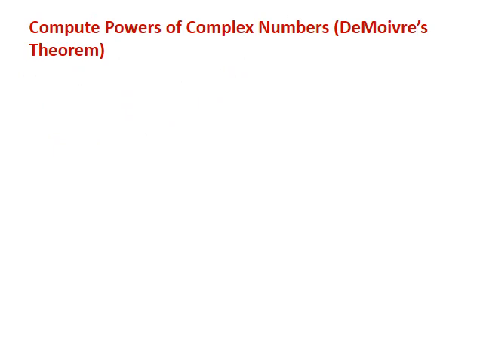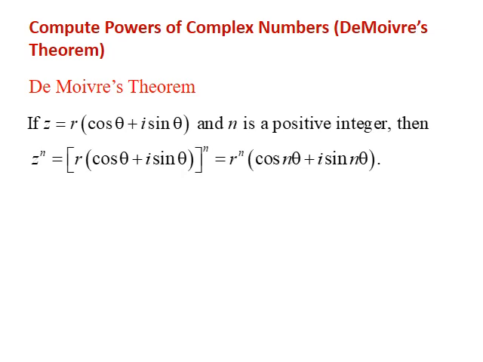Believe it or not, sometimes we will want to compute powers of complex numbers. And in order to do this, we use a little something called de Moivre's theorem. Now, some people pronounce this in a different way, which I believe to be the incorrect way. So this is de Moivre's theorem.